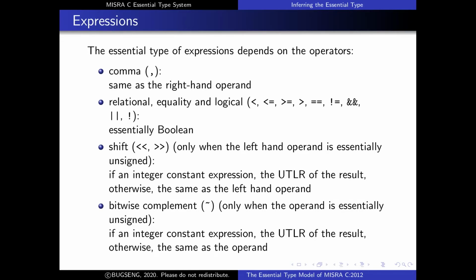If it is signed, then the result is implementation defined because it depends on the representation of integers. And so this is why this restriction. And the rule is similar to the above one. If the result is an integer constant expression at compile time, then the essential type category is given by the UTLR of the result. And otherwise, it is the same as the operand.